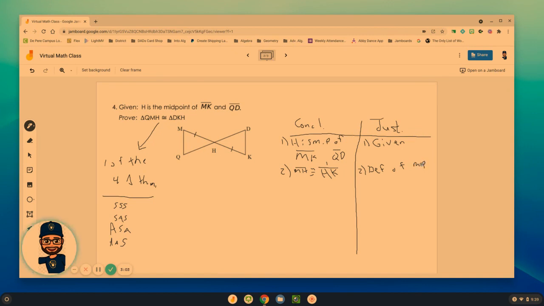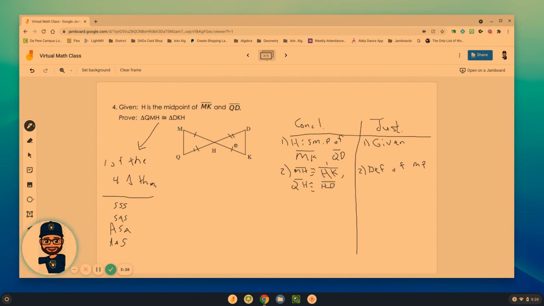Now, we can also put on this same line that if H is the midpoint of QD, I know that segment is congruent to that segment. So I'm going to put that right here underneath. QH is congruent to HD. Same exact reason, definition of midpoint.